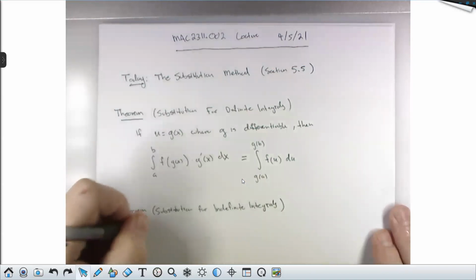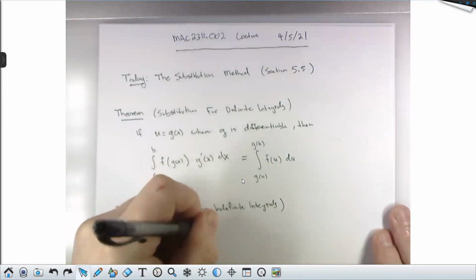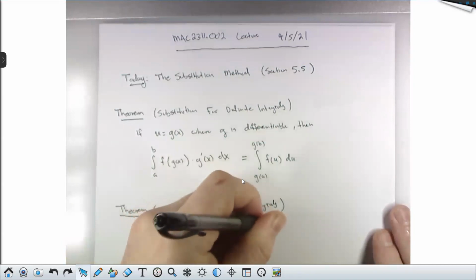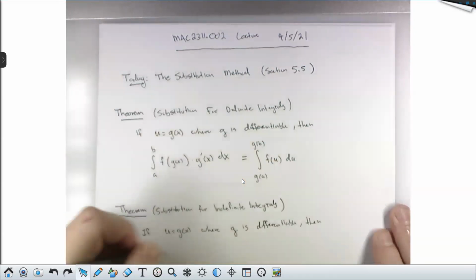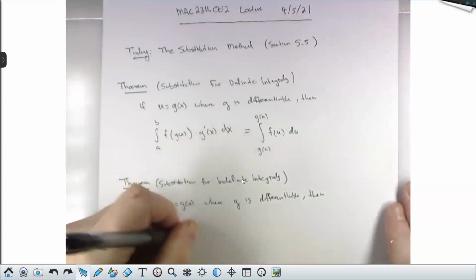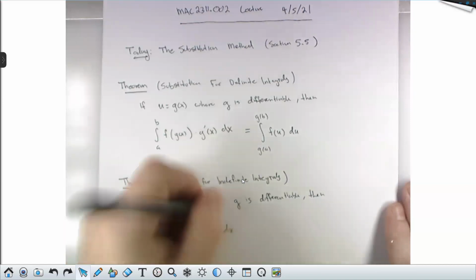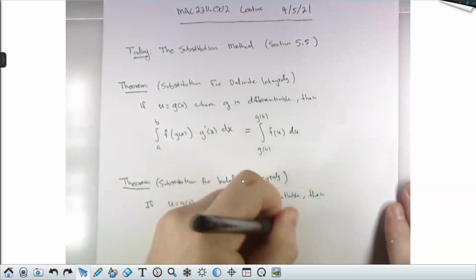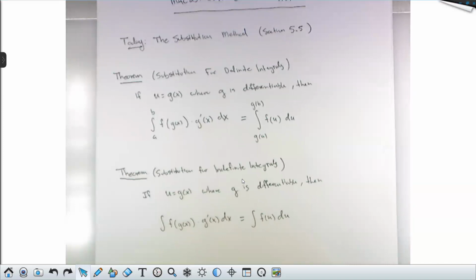So again, if u is equal to g of x, where g is differentiable, then the indefinite integral of f of g of x times g prime of x dx can just be rewritten as the integral of f of u du. So these are the two theorems, or formulas, if you like.